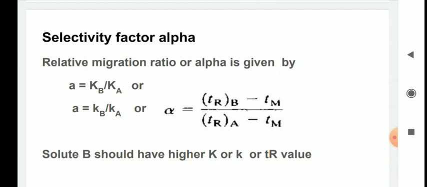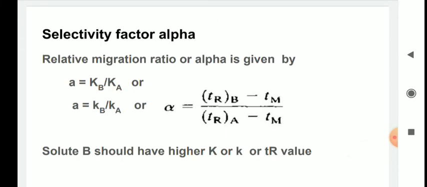If you have two components in a mixture and you want to separate them, then obviously their distribution constants or the retention factors must be different. If the retention factors or the distribution constants are the same, then they will not separate. So this selectivity factor tells you what are the chances of getting a good separation or not.